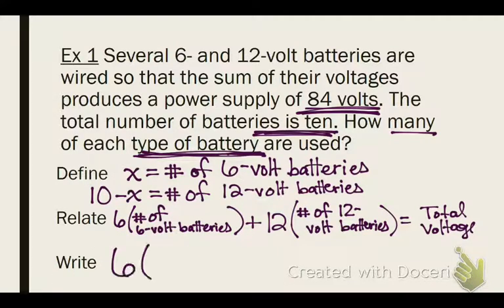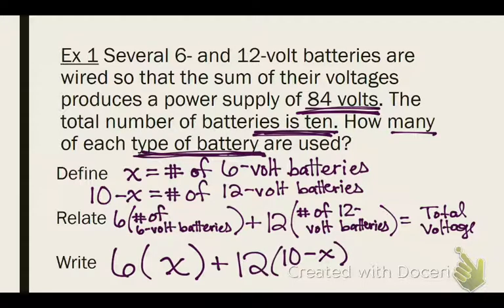So 6, what did we call the number of 6 volt batteries? That was our X, because that's what we defined. Then we're adding 12 times the number of 12 volt batteries, which, wait a second, what did we call that? Oh, that was 10 minus the 6 volt. So in parentheses, I'm going to put 10 minus the 6 volt batteries. That's going to equal the total voltage.